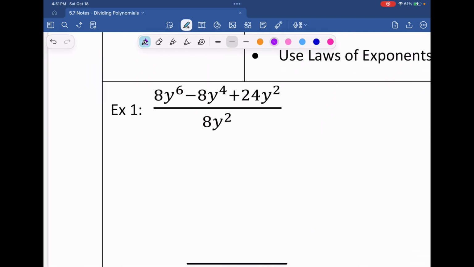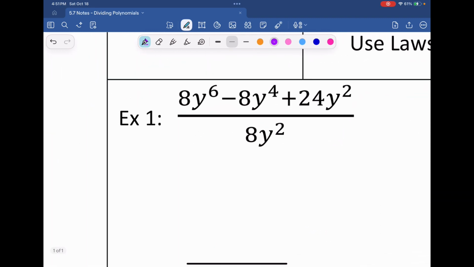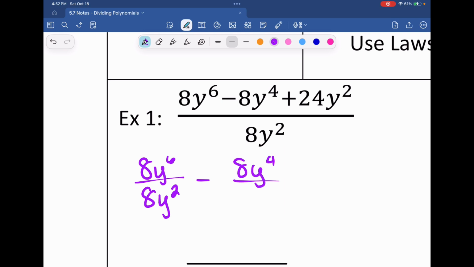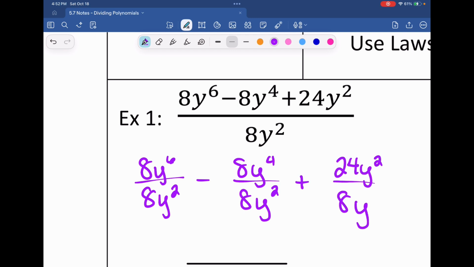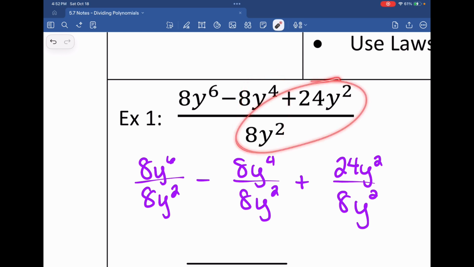So what I mean by that, all right, I'm going to decompose this fraction. So I have 8y to the 6th over 8y squared minus 8y to the 4th over 8y squared plus 24y squared over 8y squared. Decompose the fraction. That one over, that one, and that one.